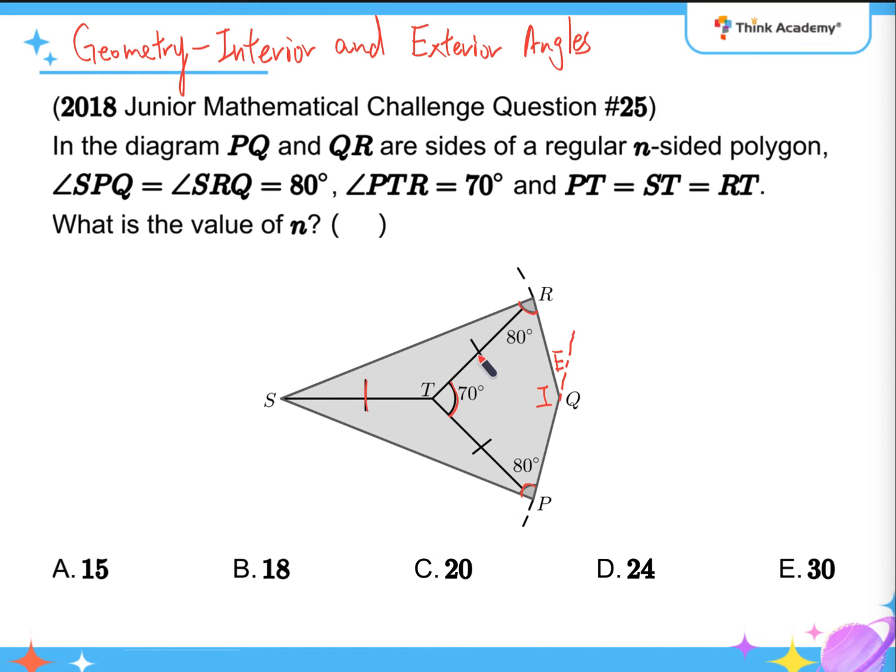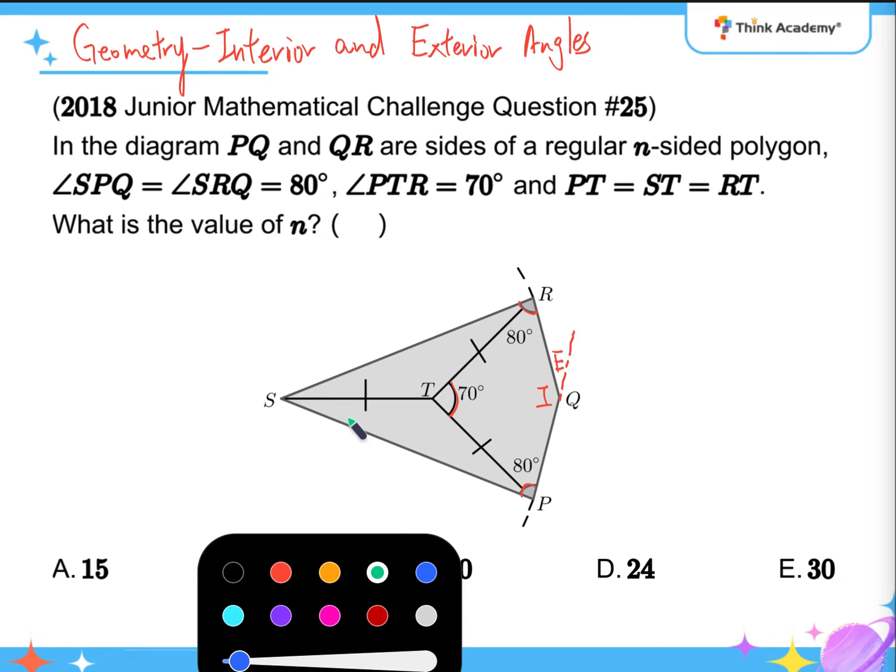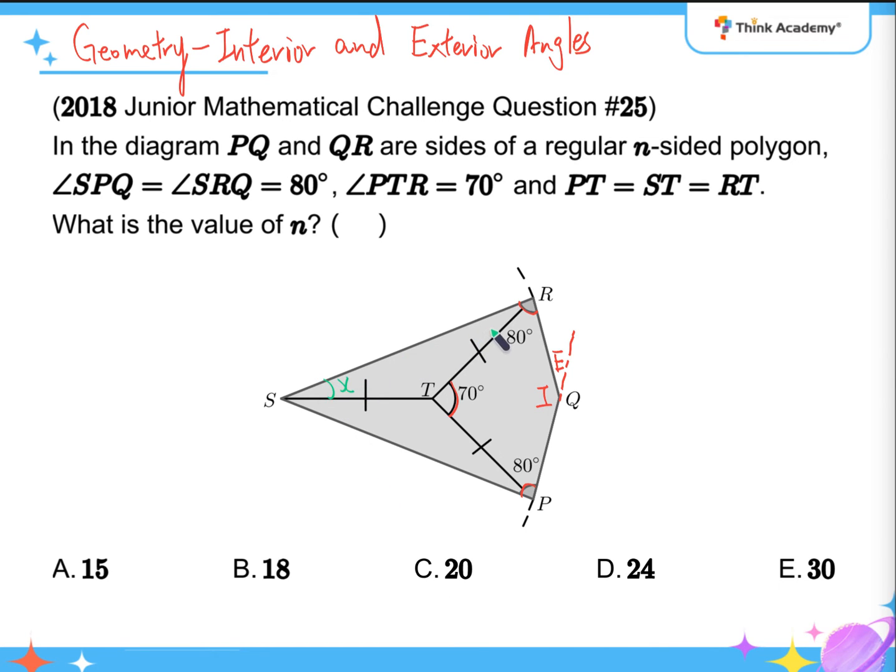Basically, we know that these 3 sides are all the same, right? So I can say that these are 2 isosceles triangles right there. Which means that the base angles should be the same. So let's say these are X angles and these are Y angles. All right. So basically, if I want to know the top angle, I'm looking for x adding y.